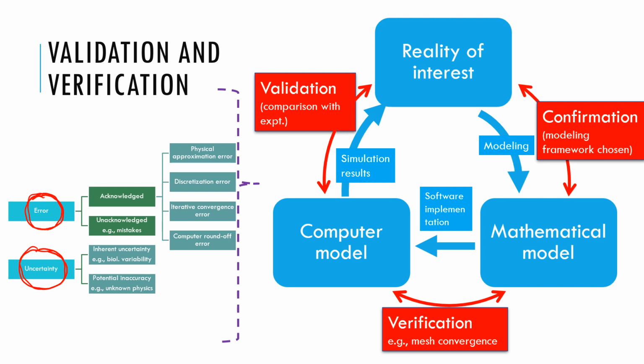The first big one is the physical approximation error, and that has to do with the difference between reality and the mathematical model of governing equation and boundary conditions. So the physical approximation error sits here. But physical approximation can also have unknown physics or potential inaccuracy, leading to uncertainty in the model.